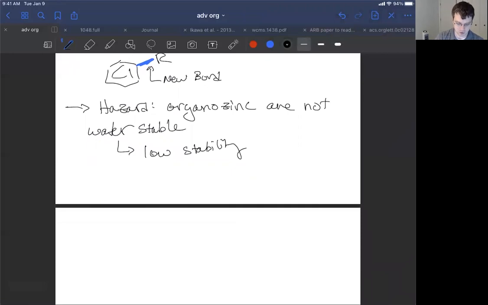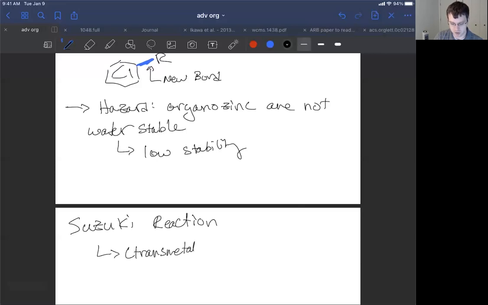All of these things have proven to be highly useful, and there's other variants of them, but it's hard to undersell the importance of the Suzuki reaction, the Suzuki-Miyaura reaction. The Suzuki-Miyaura reaction is like the others, but it's a cross-coupling reaction where transmetallation occurs with an organoboron species.